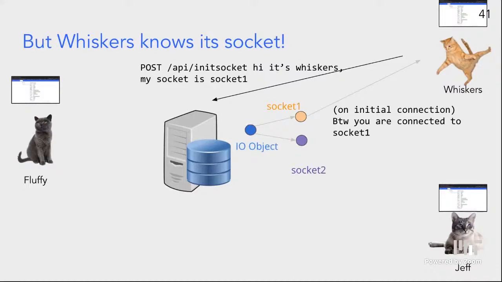And Whiskers basically just says, hi, I'm using socket 1. You should trust that that's me. And of course, you shouldn't really trust that that's them. So how do you verify that this is Whiskers? Does anyone remember from the auth lecture yesterday? There should be something that we can access on the server that can tell us whether the request is really coming from Whiskers.